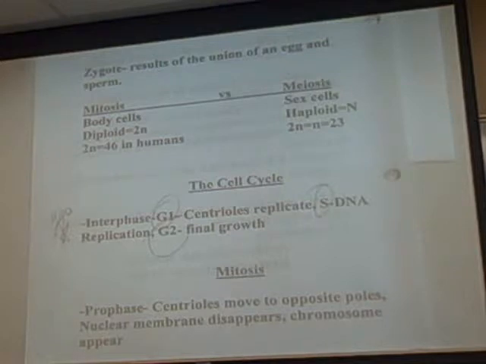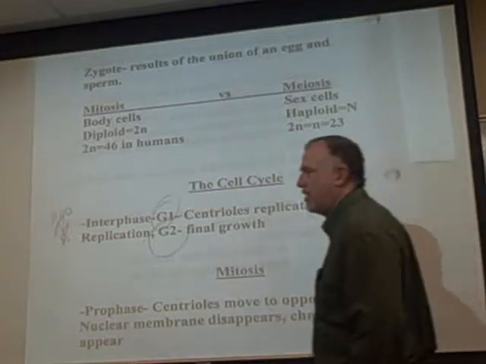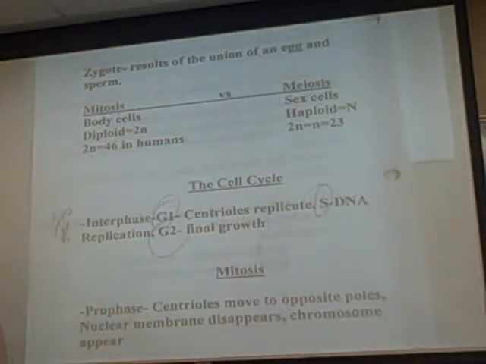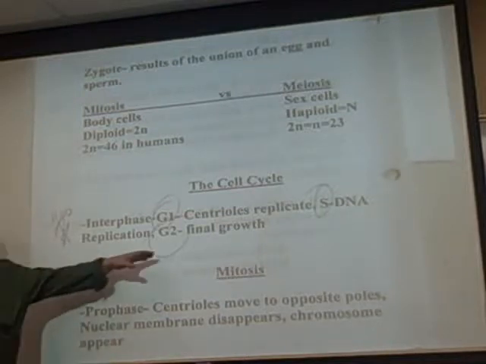Notice in that pie chart that most of that is interphase. You've got G1, S, and G2. So I'll probably ask you, what are the parts of interphase? I may ask you, what part of interphase is DNA replicating itself? That's the S phase. It always has been and probably always will. Now, it depends on what book you read, what's really going on in G1 and G2.